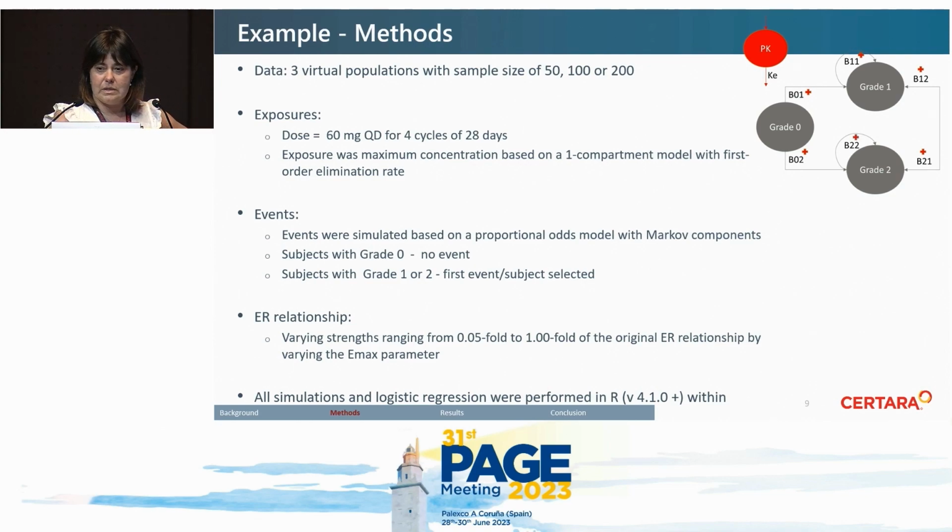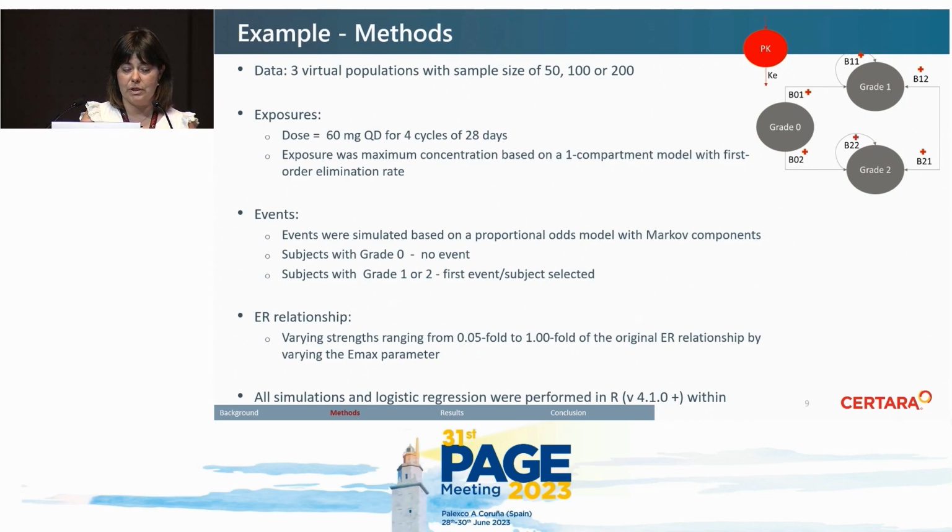So for our little simulation, we used a data set that we had from a real life data set, but we had to modify that for sensitivity and ethical reasons. So we created 3 virtual populations with a sample size of 50, 100, and 200 subjects. We dosed all the patients the same, 60 milligram once daily for 4 cycles of 28 days.